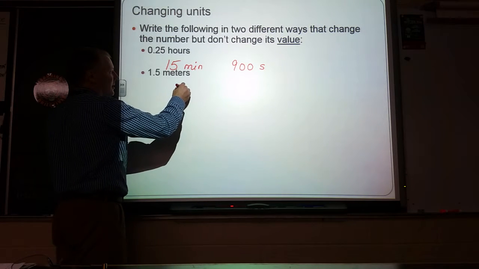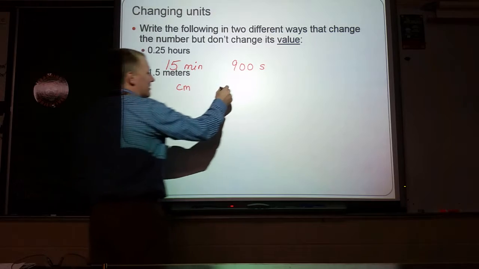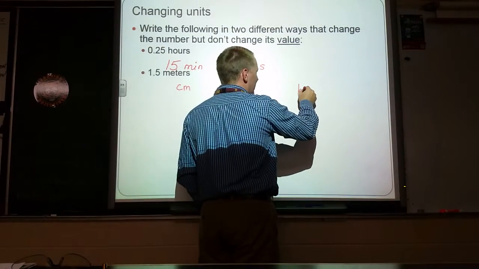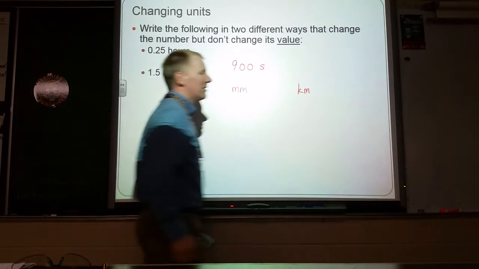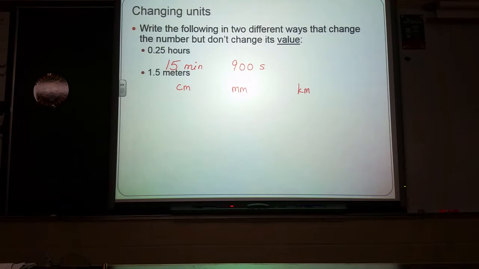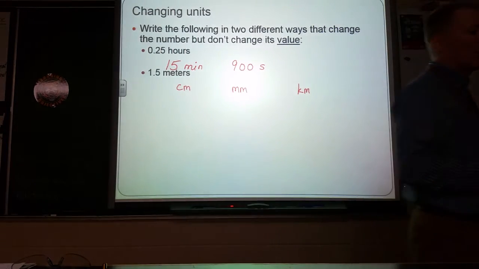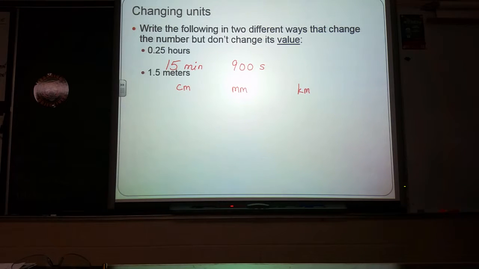We should be able to convert into centimeters and millimeters and maybe even kilometers pretty easily. How many centimeters would it be? Everybody should know this when we took our metric system quiz last week and did as a class very well.